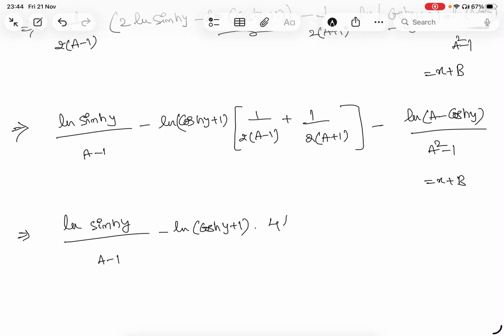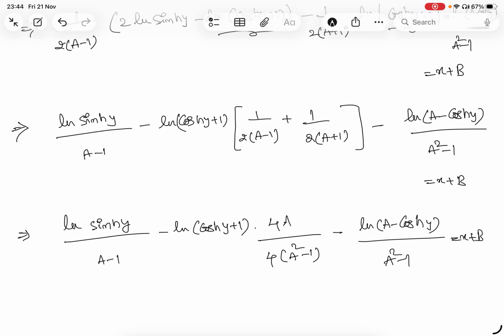You are left with 4a by 4 into a plus 1 into a minus 1, which is a square minus 1, minus ln of a minus cos hy by a square minus 1 is equal to x plus b.